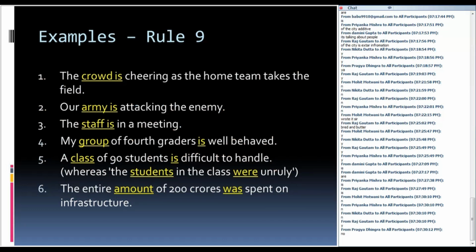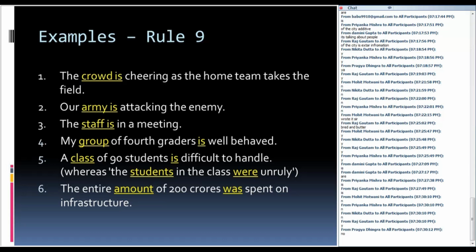My group of fourth graders is well behaved. A class of 90 students is difficult to handle. The entire amount of 200 crores was spent on infrastructure. You can see these are all collective nouns: crowd, army, staff, group, class, amount.